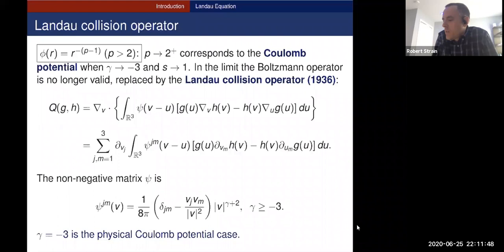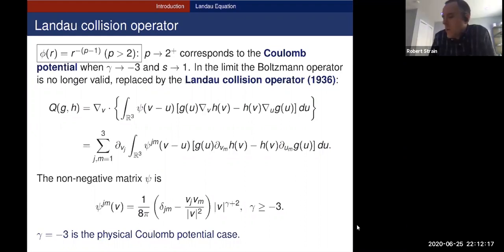He observed that the Coulomb potential is very important. It's when p is 2 in the inverse power intermolecular potentials. But when p is 2, the Boltzmann operator does not make sense. Landau observed that, and he wanted a kinetic equation for the Coulomb potential.